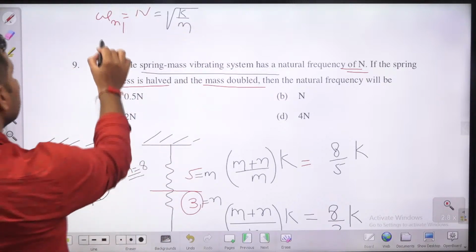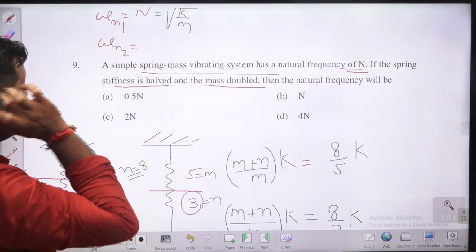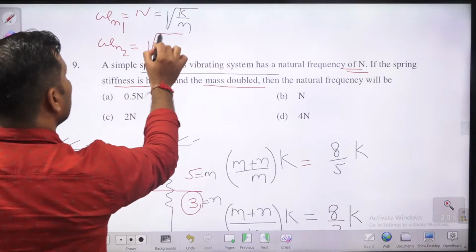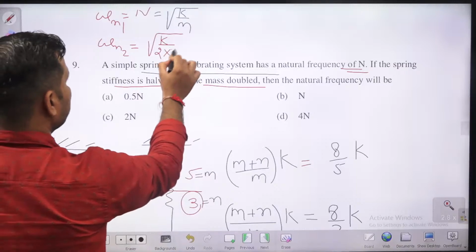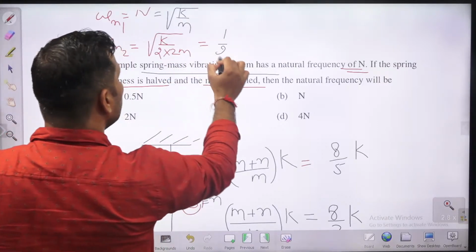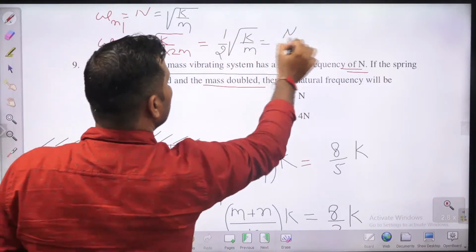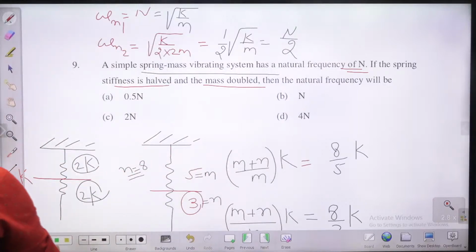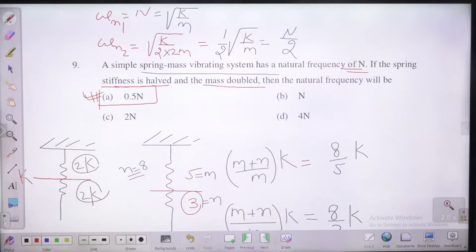Now what you did is halve the stiffness, so this is k by 2, and the mass is doubled. So it will become 1 by 2 under root k by m. And what is this root k by m? This is nothing but n. So the natural frequency will be n by 2. So the answer will be A, 0.5 n. Fine, guys. The natural frequency will be 0.5 n. A is the answer for this question.